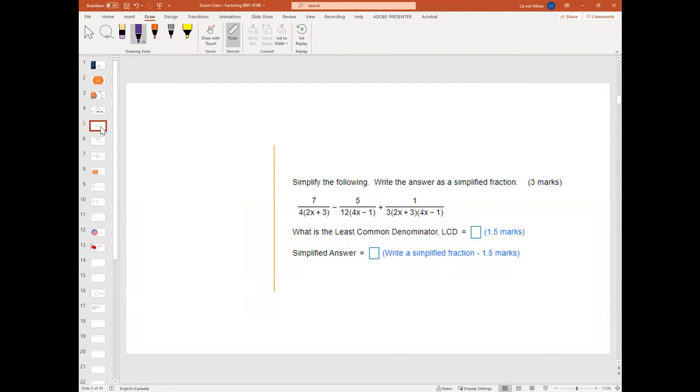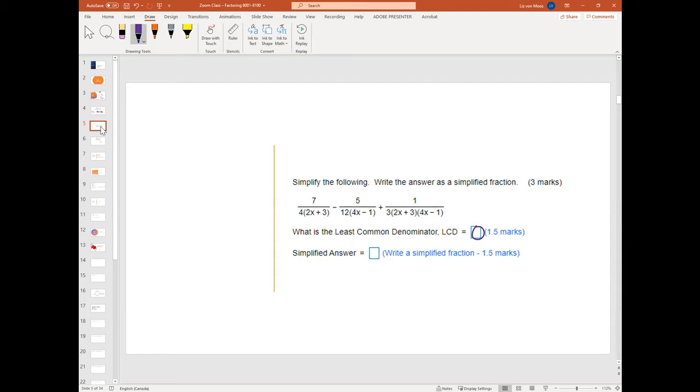The other thing that we did in algebra basics was add and subtract rational expressions. In order to do that, we looked at all of our denominators and made sure that we had equivalent fractions to these that all had the same denominator. And we want that denominator to be the lowest or the least common denominator. Right? In order to add and subtract, we need them to have the same denominator.